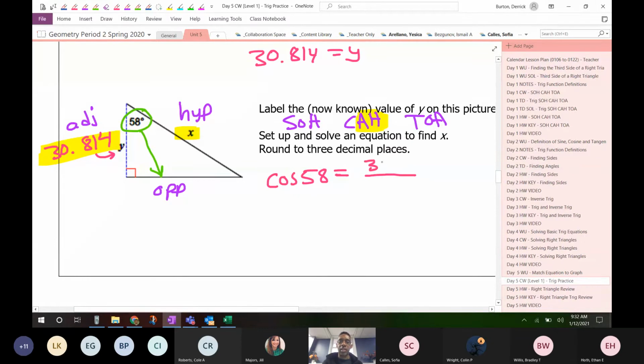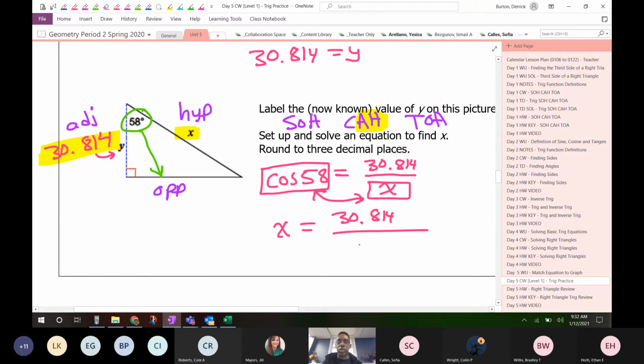So that's going to be 30.814 over x. The variable is in the bottom. This is when you swap. So we're going to swap these. So that's going to give us x is equal to 30.814 over cosine of 58.